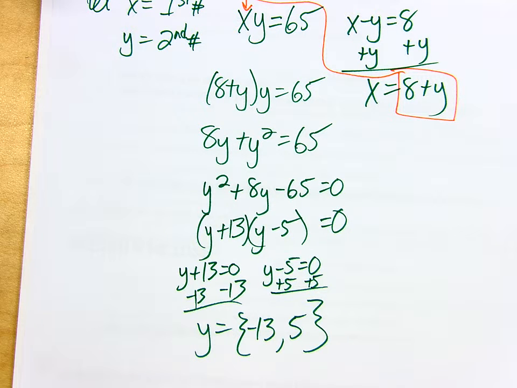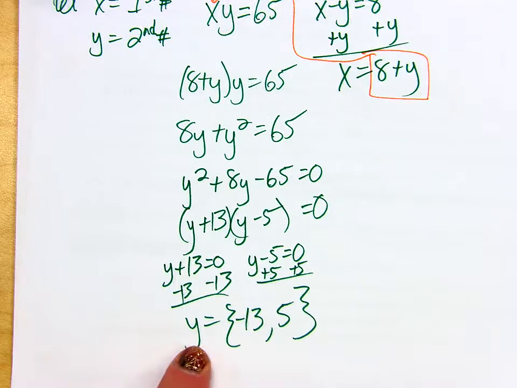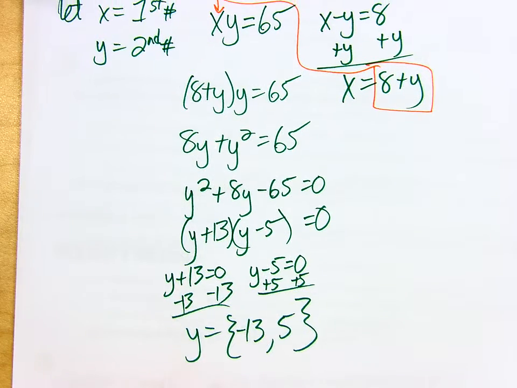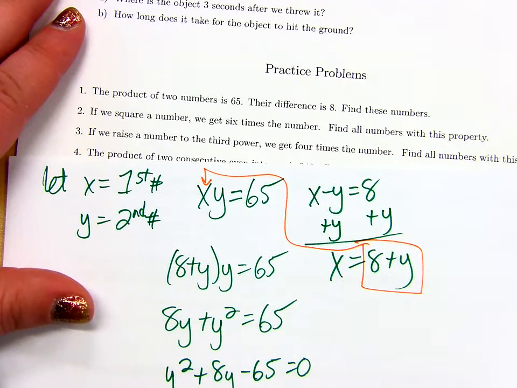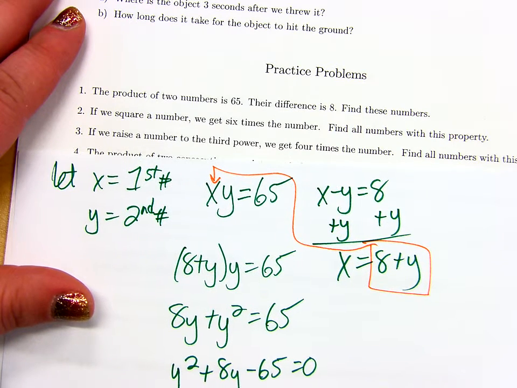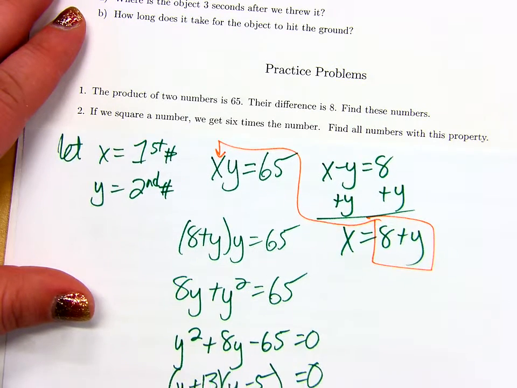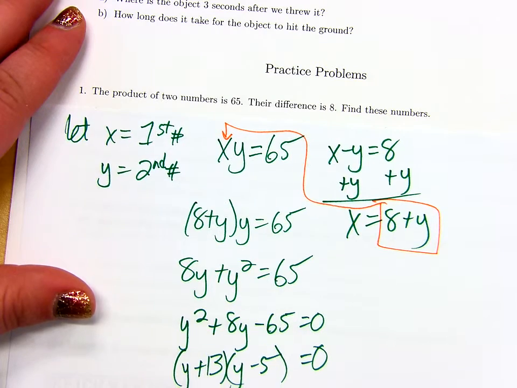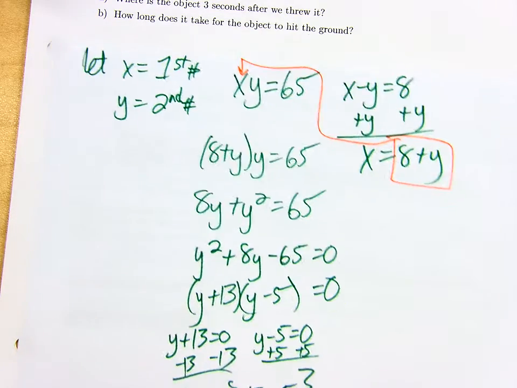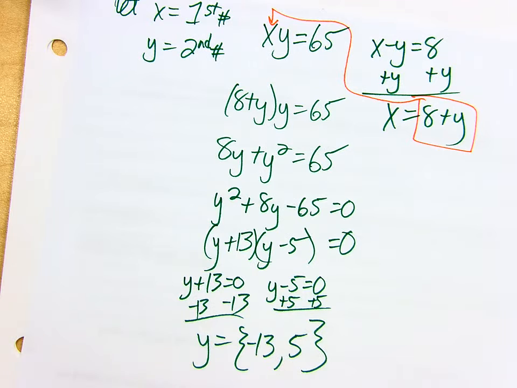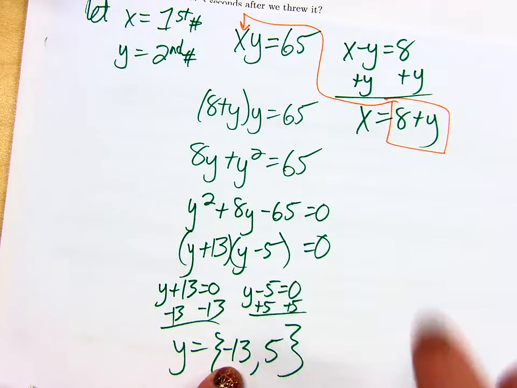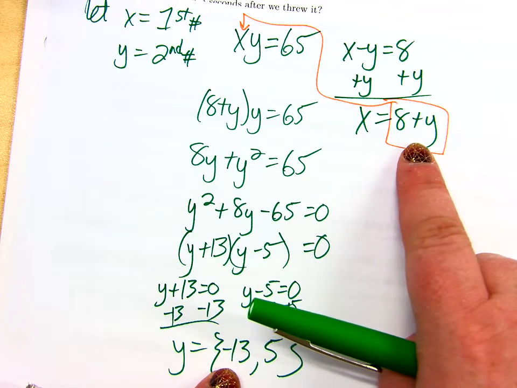These are not your two numbers. They're both answers for y. This one, again, go back and read it and make sure that they didn't say that the numbers had to be positive. Nope, they didn't say anything about the numbers having to be positive or anything like that. So I can have both sets of numbers. So, if y is negative 13, what would x be?